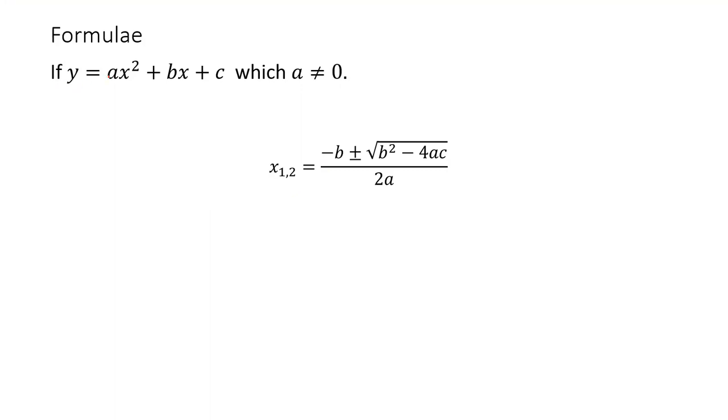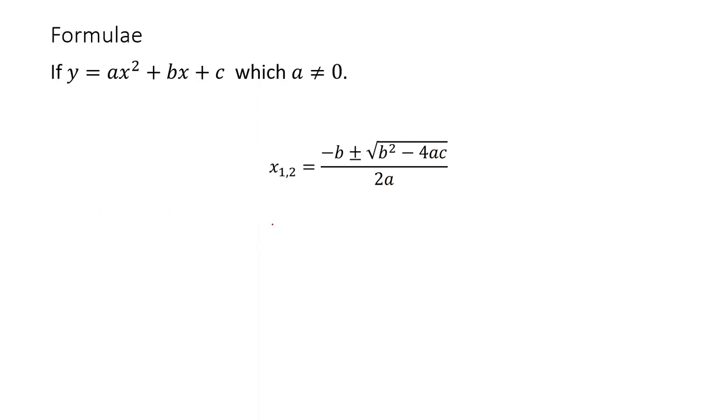If y equals ax squared plus bx plus c, where a is not zero, x1 and x2 you could determine through this formula: negative b plus and minus square root of b squared minus 4ac, over 2a.